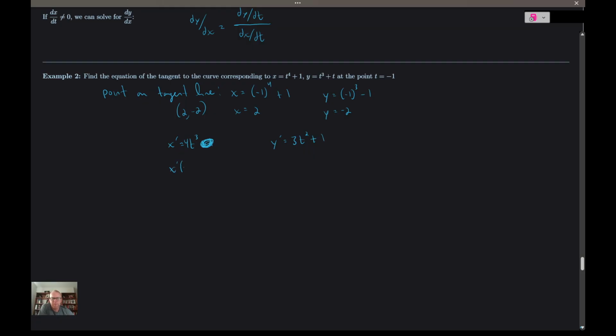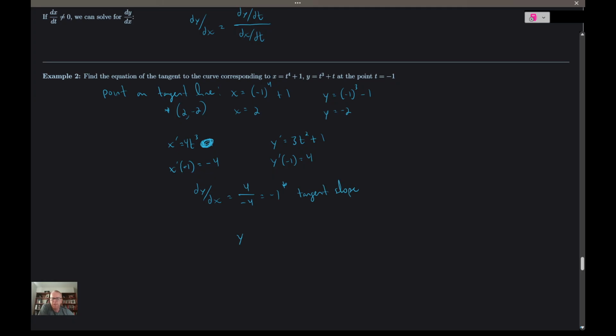So x prime of -1 will be -4. y prime of -1 will be 4. So then dy/dx will be 4 over negative 4, which is negative 1. So our slope is negative 1. Our point is 2, -2. So here is our tangent slope.